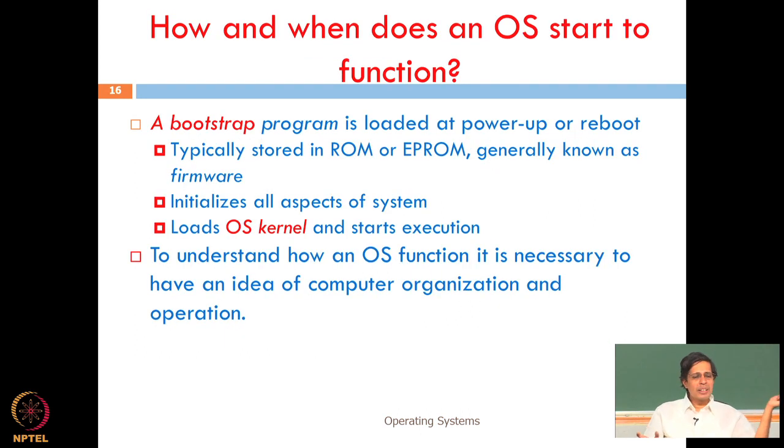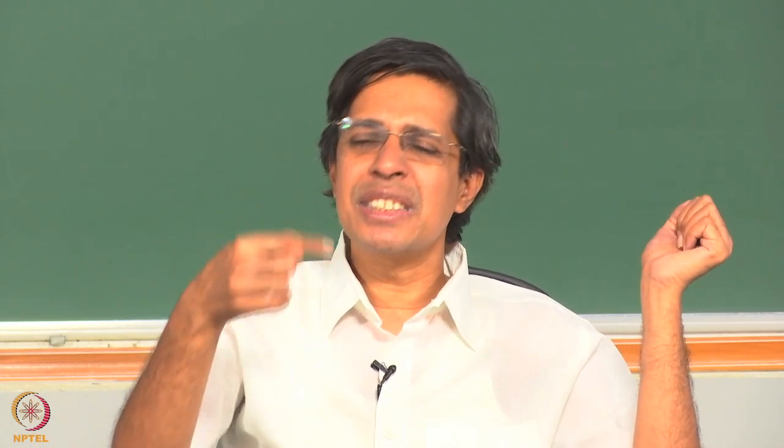How and when does an operating system start to function? When you just switch on, your system will start executing from some read only memory. This is code that is pre-stored there. It will start fetching instructions from the read only memory, and those are the first things that get executed, and that is sometimes called the firmware. What will the firmware do?